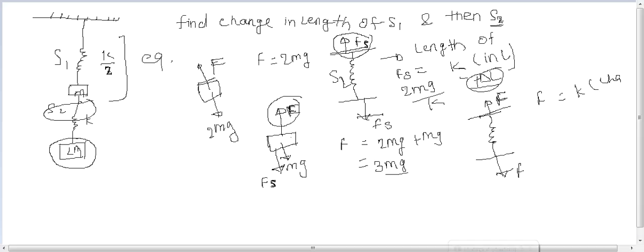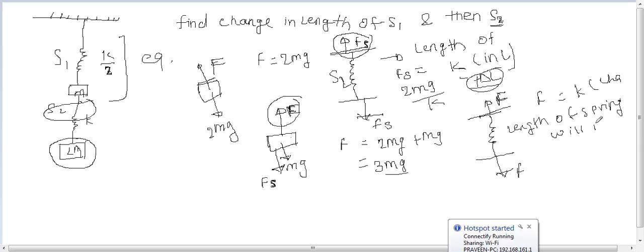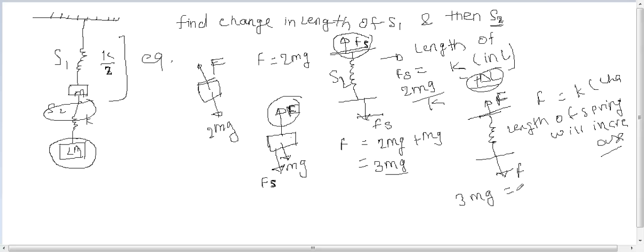The length of the spring will increase. So f is equal to 3mg, and this should be equal to k by 2 into the increase in length.